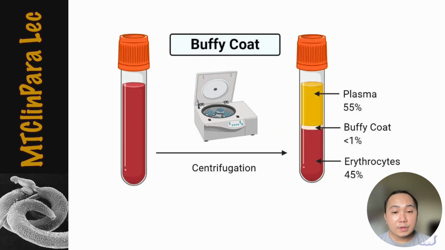So here is the Buffy coat method that we are talking about. So I believe you already know this, especially in your MLSP subject. This is the blood, okay, after centrifugation. So after this particular method, the plasma will be at the top, okay, the serum part. The Buffy coat will be in the middle, which usually contains the different types of white blood cells and even the parasite.